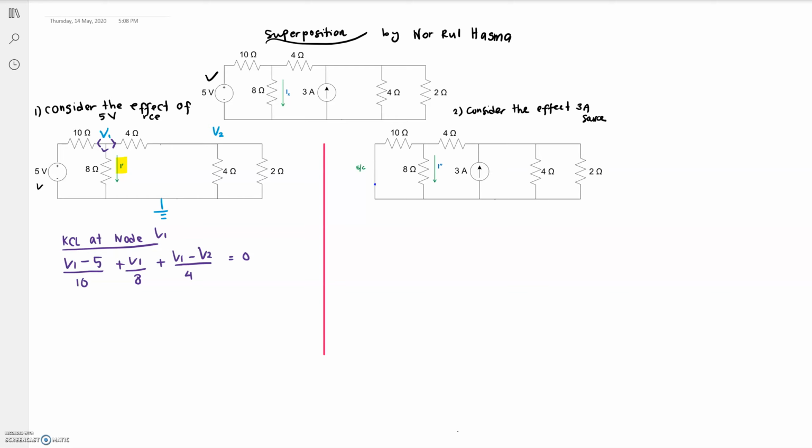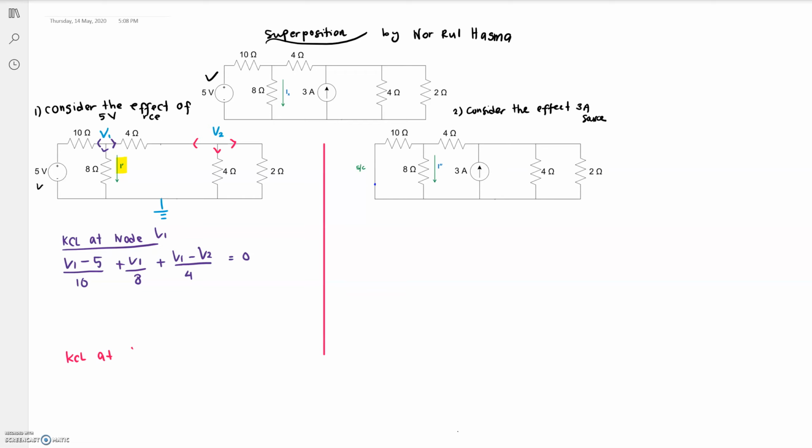Then for the second KCL equation, at the second node, there are 1, 2, and 3 branches.